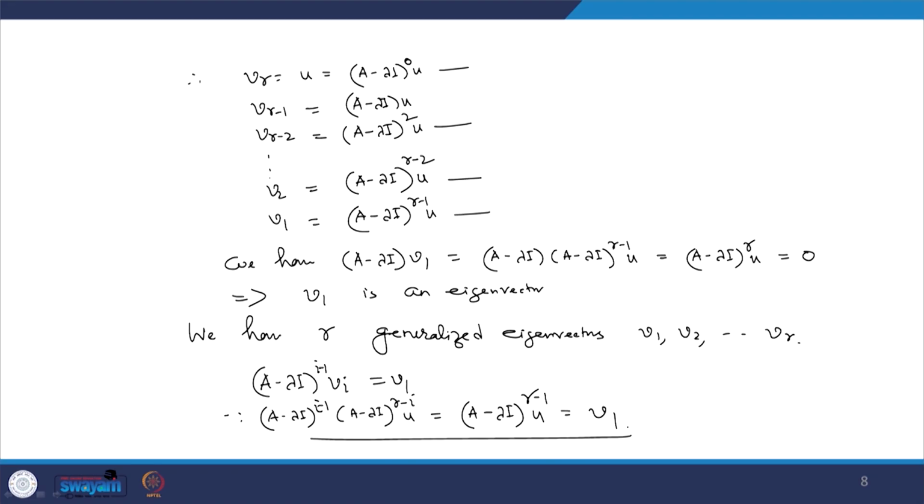So, for a generalized eigenvector of rank R, we have seen there are R vectors.